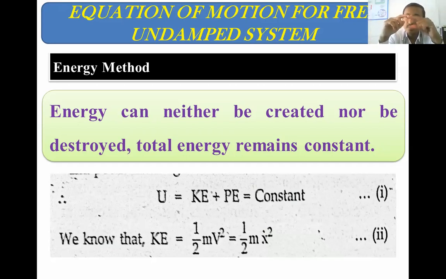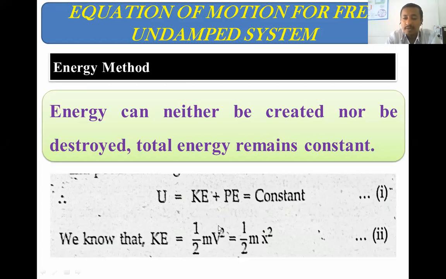At some point, kinetic energy is maximum and potential energy is zero. At a certain point, potential energy is maximum and kinetic energy is zero. But the total summation of potential energy plus kinetic energy at any point will be constant. That is, U, the total energy, is equal to kinetic energy plus potential energy, which is constant always.